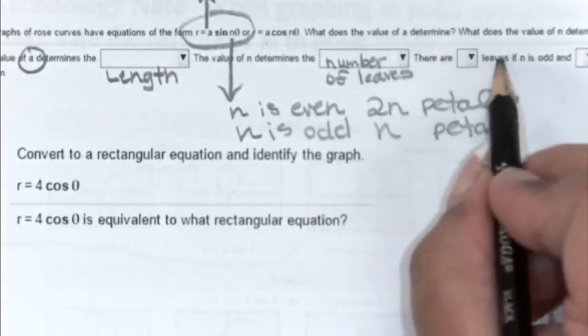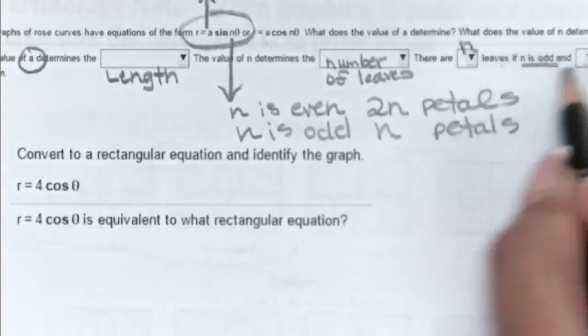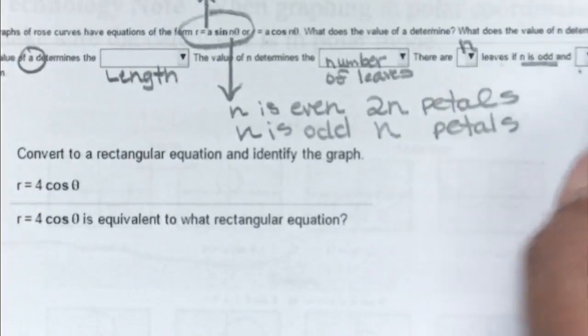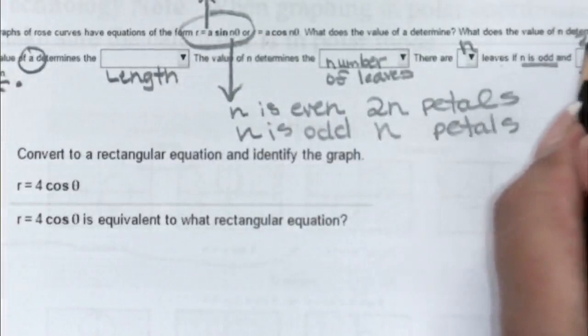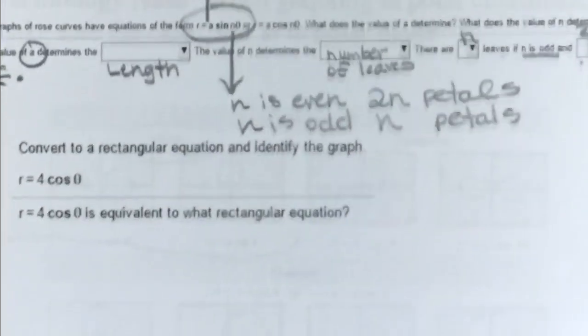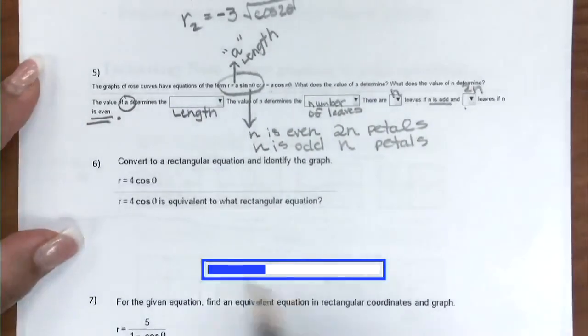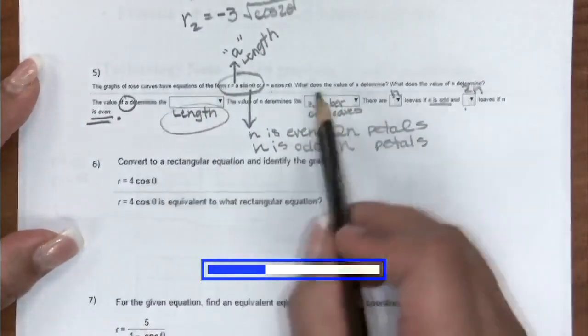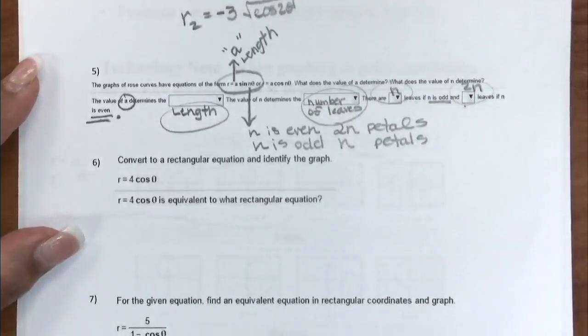There are exactly N leaves if N is odd. And if it's even, there's the word even to finish that sentence. Then there's double N if that number's even. Okay, so I filled in this with the word length, this with the number of leaves, this with N, this with 2N. Okay, convert to rectangular form.